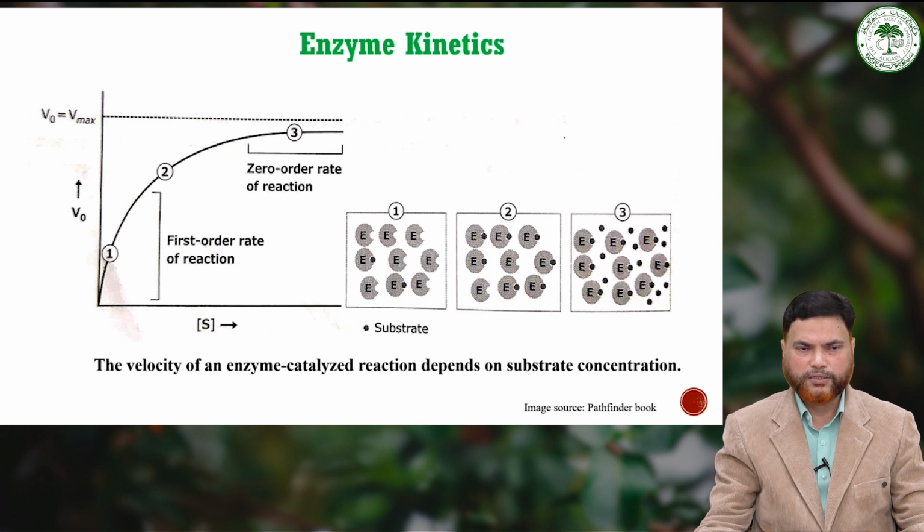Here in the slide you see a graph plotted between the concentration of the substrate and reaction velocity, showing a sort of saturation curve. Basically, the velocity of an enzyme catalyzed reaction is dependent on the concentration of substrate.